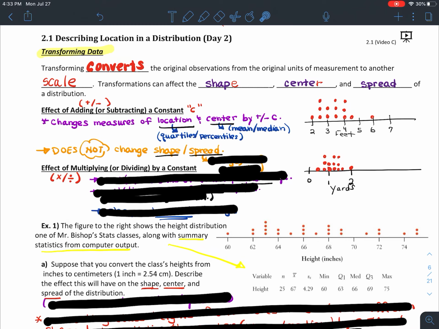The other piece here is it does not change, though, the shape of the distribution, and it does not change the spread of the distribution. Okay, does not change the shape or the spread. Okay, and by spread, it could be anything from the range, the interquartile range, or the standard deviation.